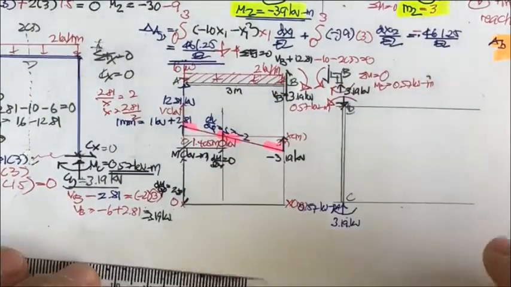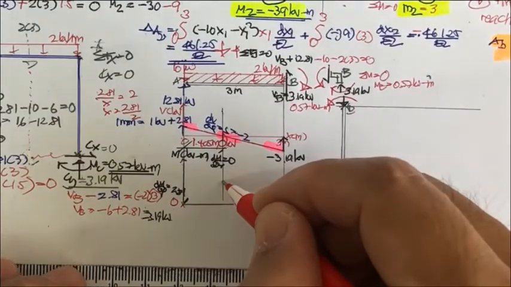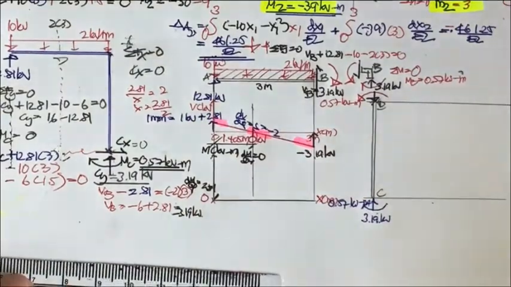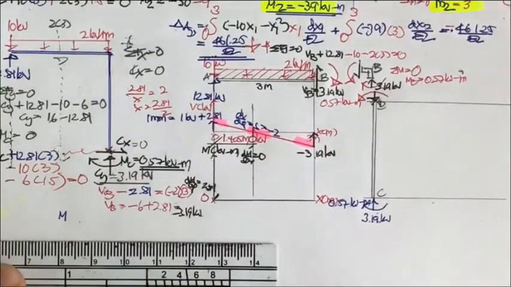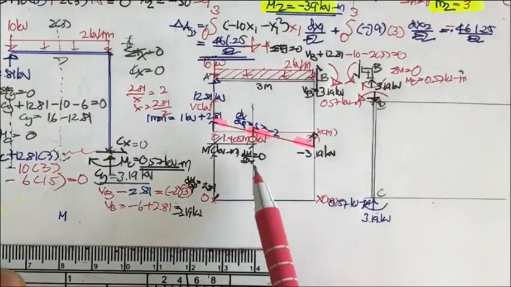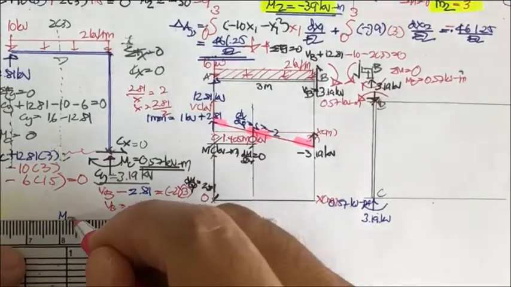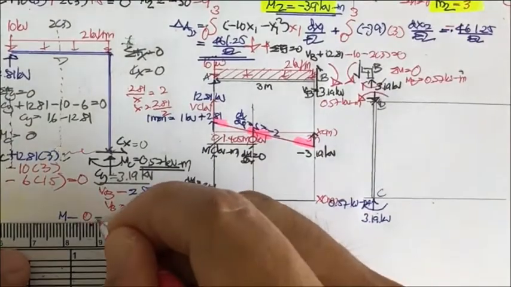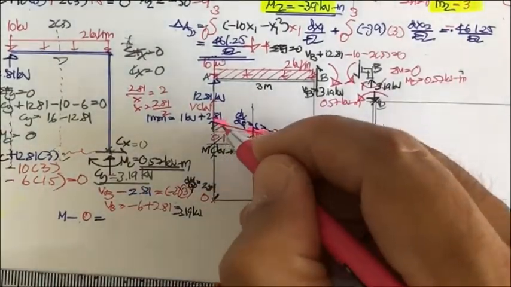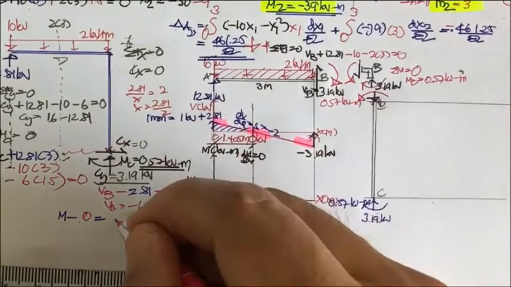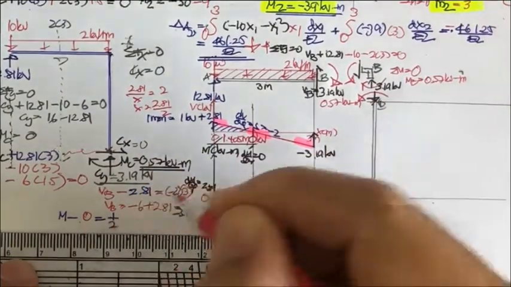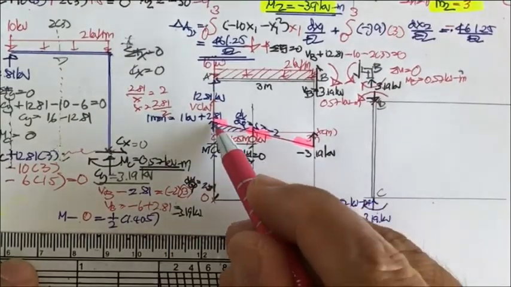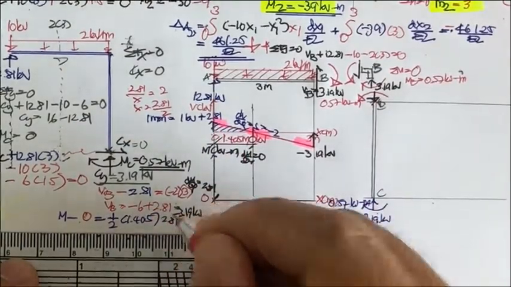Now, you don't know the moment here, right? Yes, you know that. So the moment here, the moment here, minus 0 is going to be equal to the area here, 1/2 of 1.405 times this 2.81.